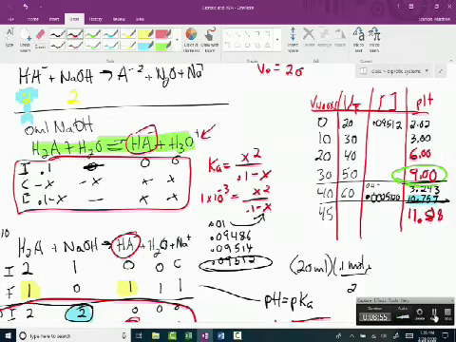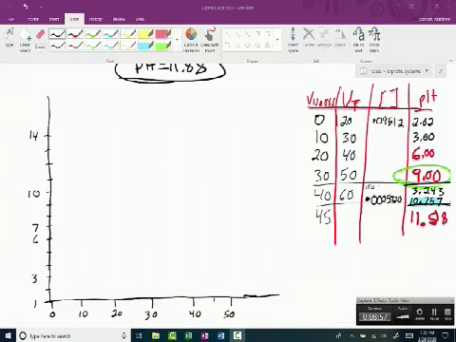We'll copy and paste. Okay, I got my copy and pasting. I made my graph. Over here I have pH, and on the x-axis I have volume of sodium hydroxide. And so I start plotting. At 0 I get 2.02 right there. I should put these in a different color. And at 10 I get 3.